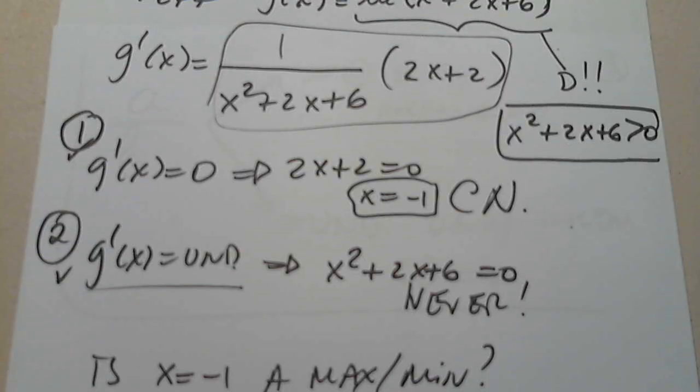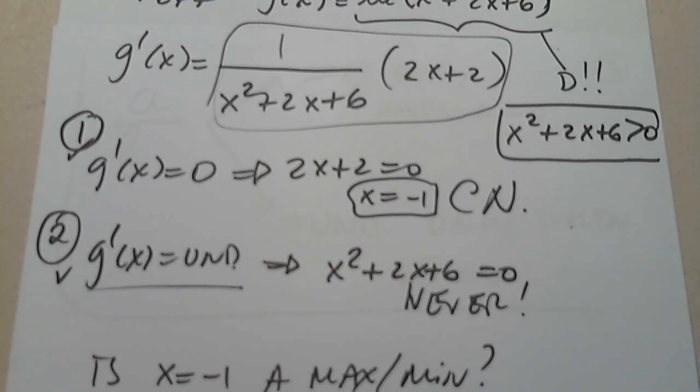At the vertical tangent, the derivative does not exist. So at that point, the function has a critical number coming from f prime being undefined, but it doesn't change sign.